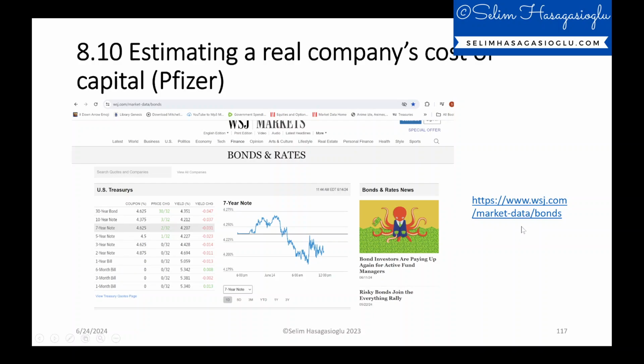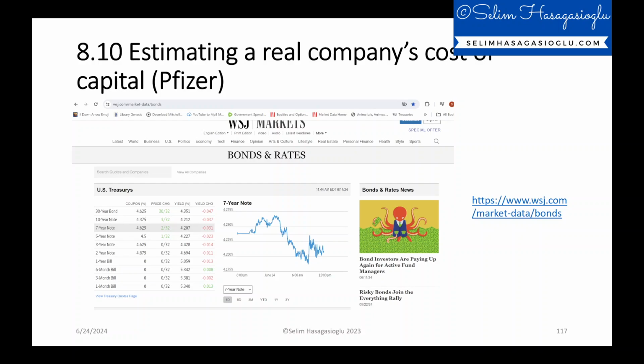Again, remember, to get the risk-free rate, you can rely on the information on the Wall Street Journal. I put the link in here. As you will see, the yield on the US 7-year note as of 14th of June 2024 was 4.207%, and I use this risk-free rate in my calculations because it is not short-term, but also it is not long-term. And also when you look at these yields in here, they don't deviate much.